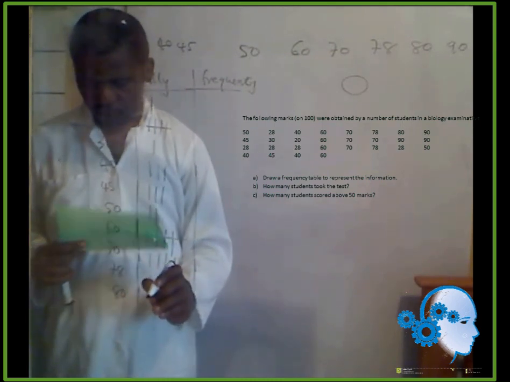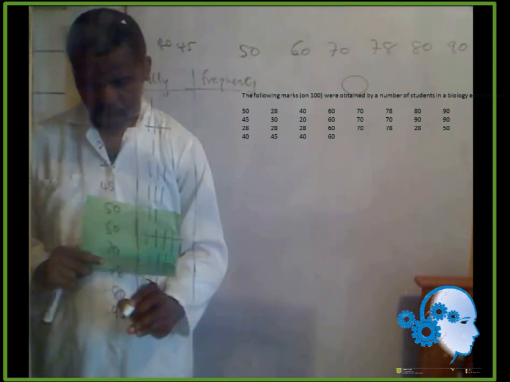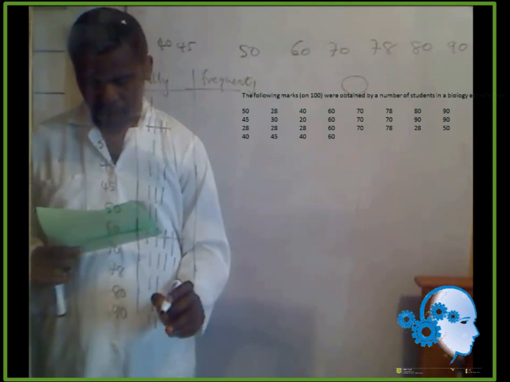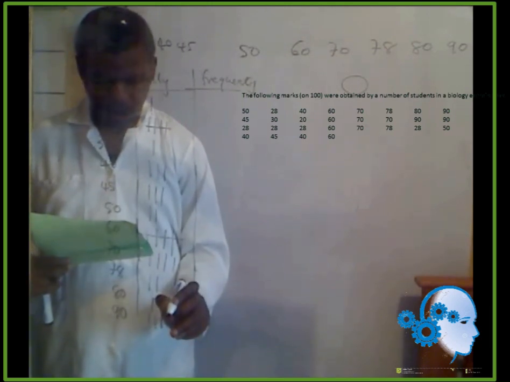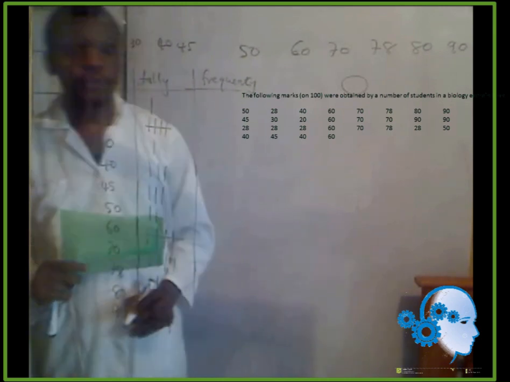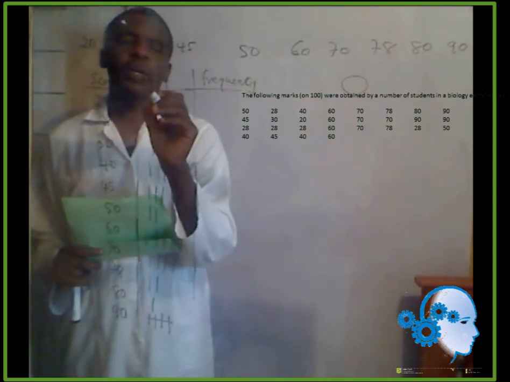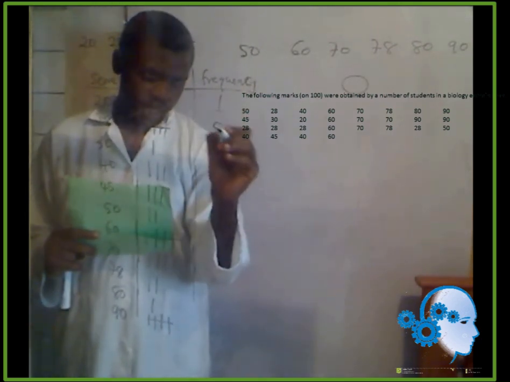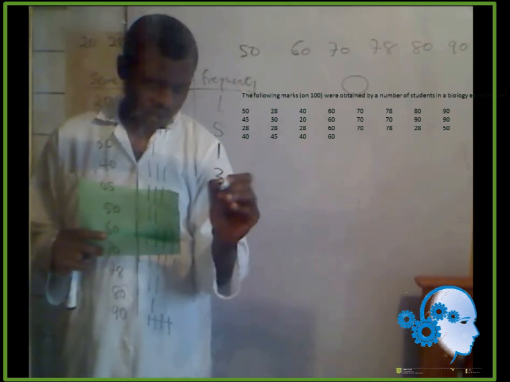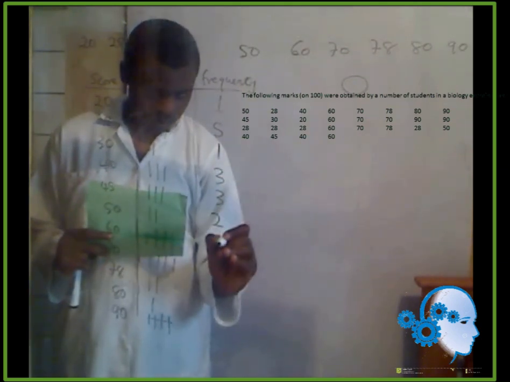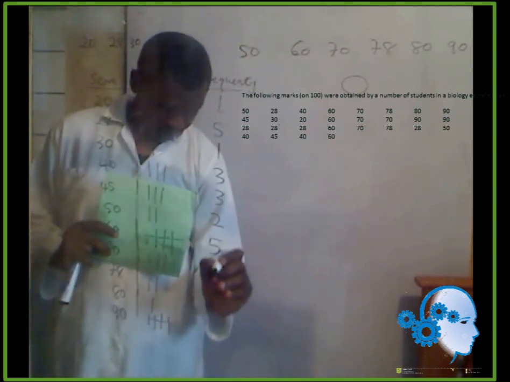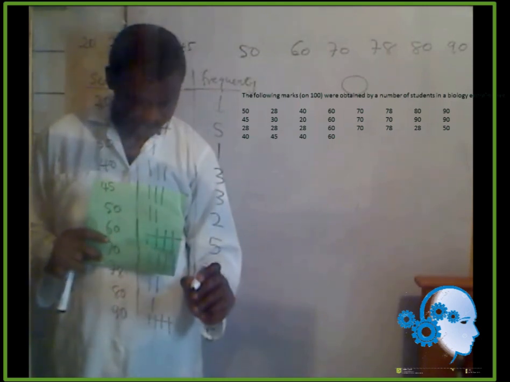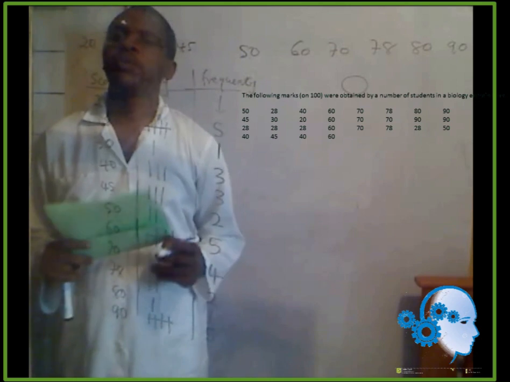How many times? 90. 1, 2, 3, 4, 5. So now I convert my tallies into frequencies. So this is 1, this is 5, 1, 3, 3, 2, 5, 4, 2, 1, 5. So I've come out with a frequency table for this data.